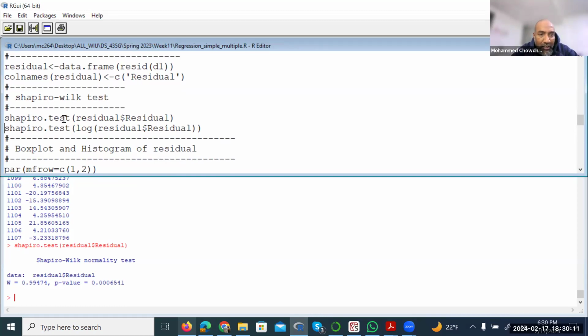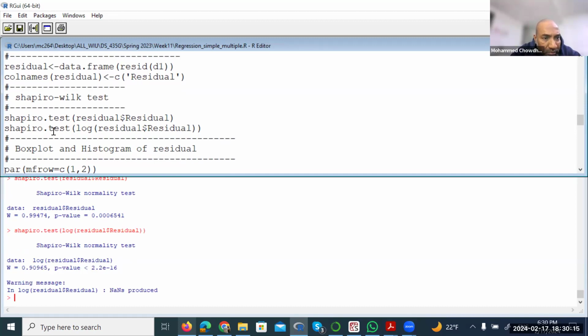But if we transform this to the log scale, let me see what we will see. If we transform this to the log scale, okay, so log scale, there is NaN and a warning is showing in there because residual could be positive and negative, and log cannot handle the negative value, right?